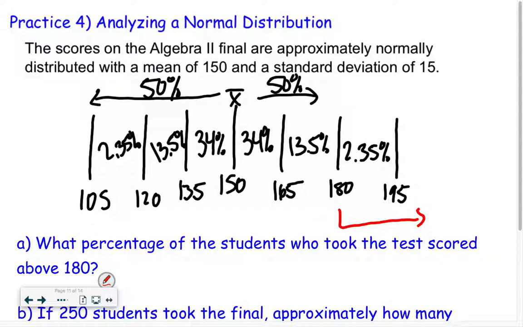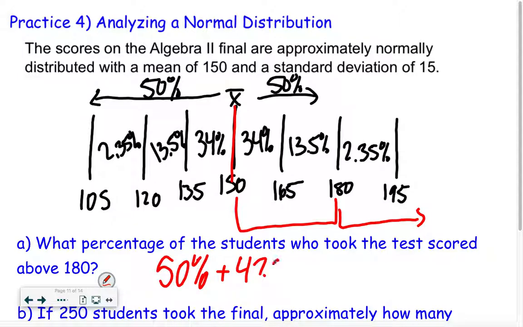So if I split it down the middle, what percent got less than 150? 50. And then if I add my percents up until 180, 47.5. So if I take 47.5 plus 50, I'm at 97.5%.